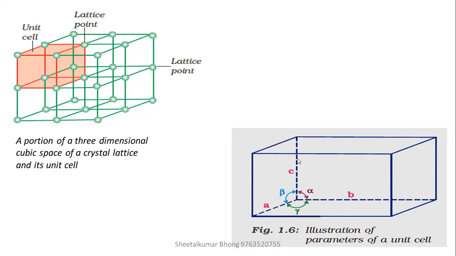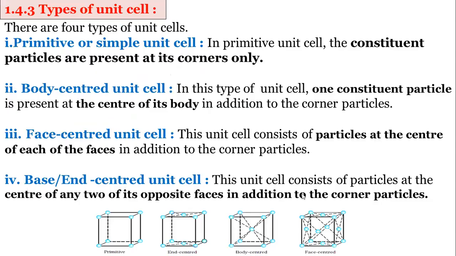You can see this is edge length C, this is edge length A, and this is edge length B. Yesterday we also saw that edge lengths differ in different crystal structures, but in a cubic crystal structure, A is equal to B and B is also equal to C, and these are the angles alpha, beta, gamma. So depending upon these edge lengths and angles, there are 14 Bravais lattices and 7 crystal systems.